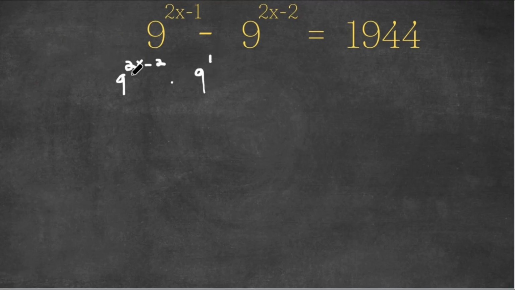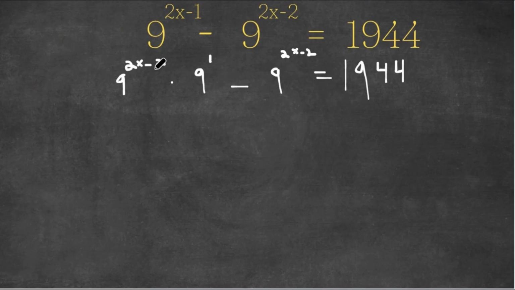Because remember, when we're multiplying these, we would add the exponent 1 with negative 2. So this would be 2x minus 2 plus 1, which is 2x minus 1. So I'm just rewriting it like this, and we are still subtracting 9 to the power of 2x minus 2 from this. And this is still equal to 1,944.